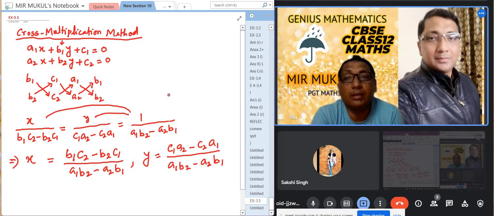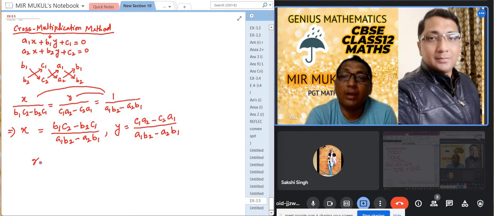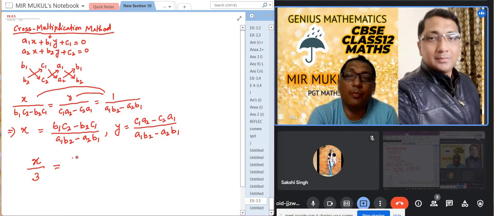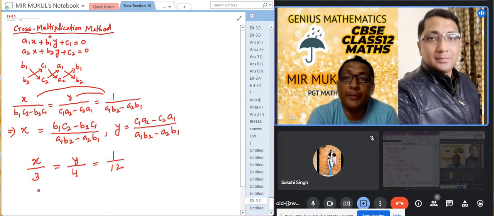Is it clear? Taking one example, suppose it came x by 3 equals y by 4 equals 1 by 12. If you want to find x, you consider x by 3 equals 1 by 12, and for y you consider y by 4 equals 1 by 12.